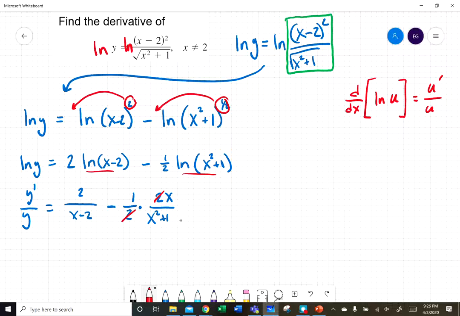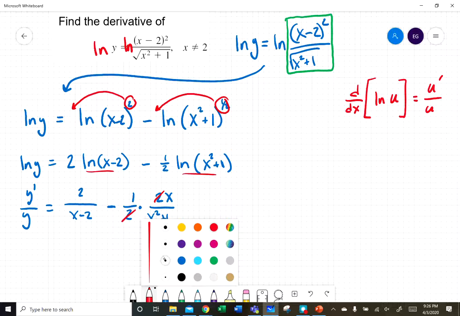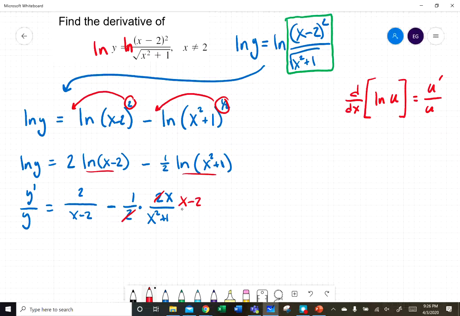Okay, so let's get a common denominator and put these two fractions together. So we can multiply x minus 2 over x minus 2 here, and we could multiply an x squared plus 1 over x squared plus 1.